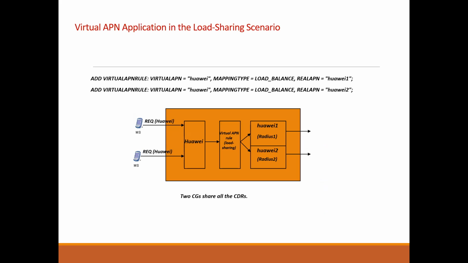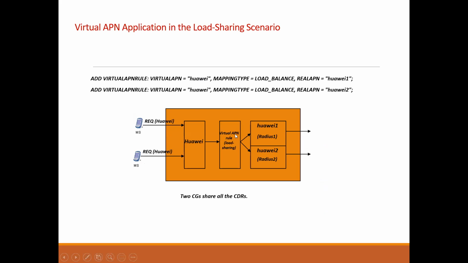Okay, so this is an example. Your virtual APN is Huawei, and your actual APNs are Huawei 1 and Huawei 2. So both user 1 and user 2 are going to bring the same APN. Then you have an option of mapping type. Here the mapping type is port balance.